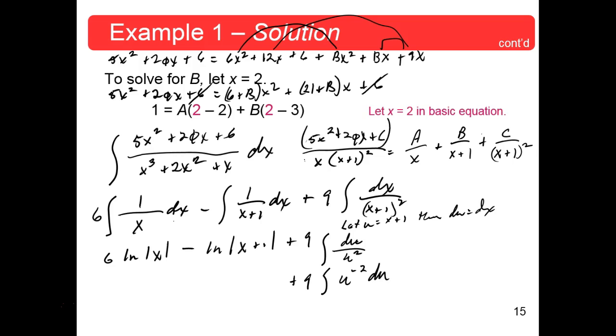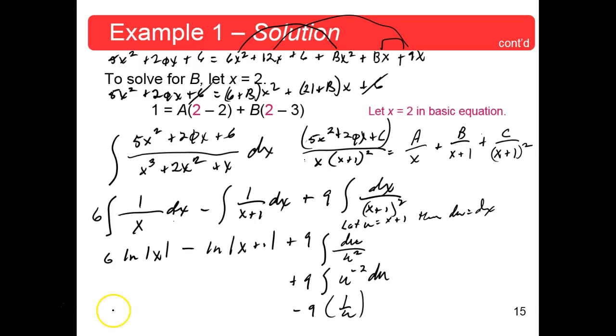Wrong way. What do you do? u to the, it'd be negative u to the negative 1. Yes, which would be minus 9 times 1 over u, right? u to the minus 1 is that.